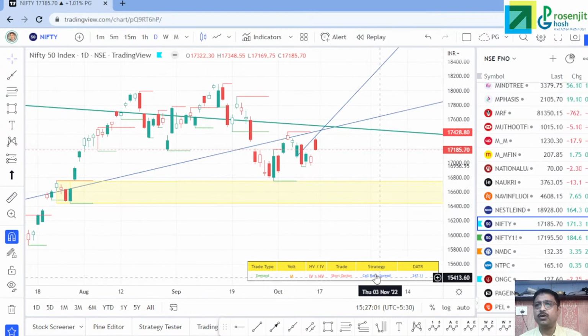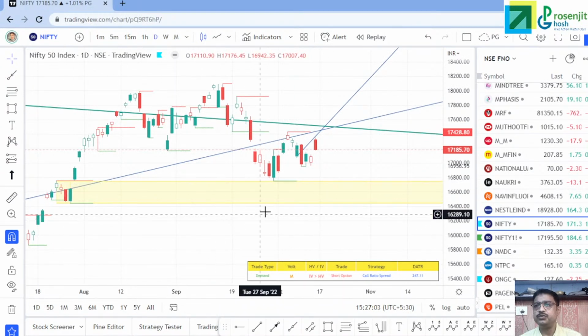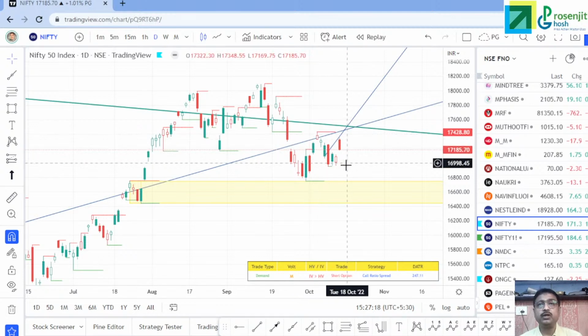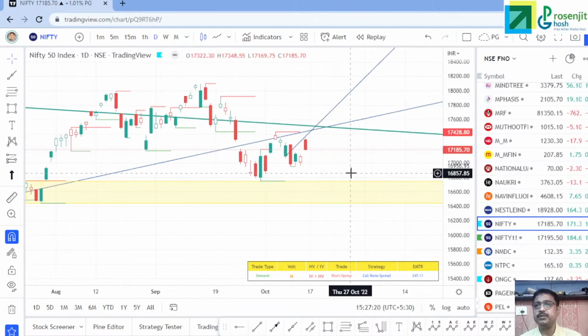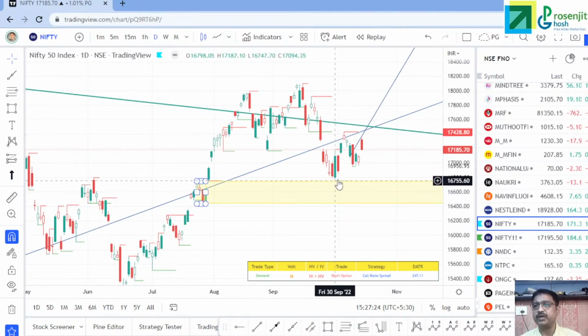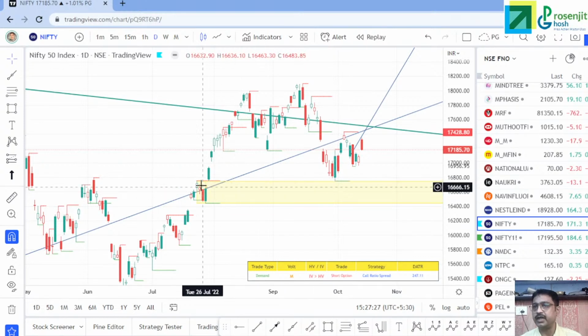Now, this trade which you see here has already been executed. It has already been tested, and price moved up, and a nice good trade already happened, right? So I cannot say that you can go long from this, because it has already reacted.